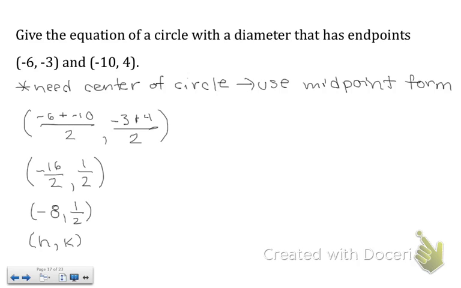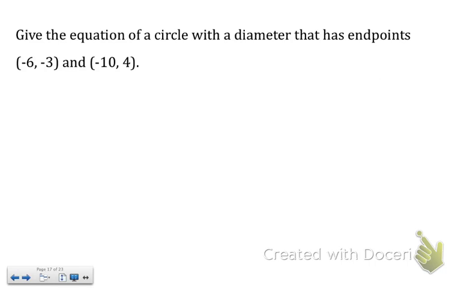Remember that your radius is half of your diameter. And since we know the endpoints of the diameter, we can find that using the distance formula. So, find diameter using distance formula.